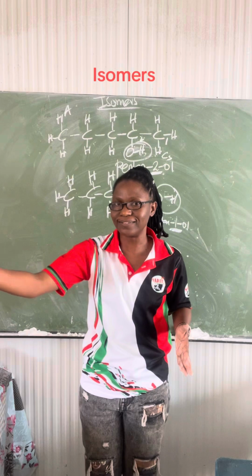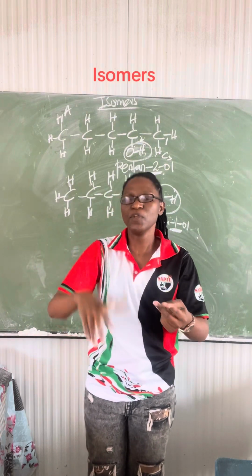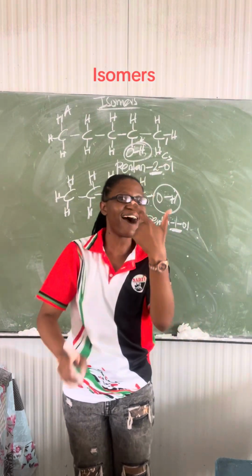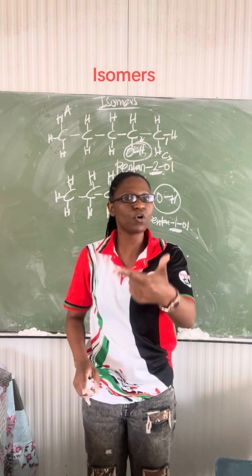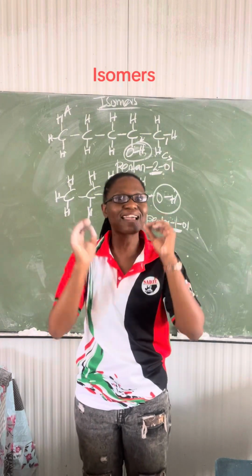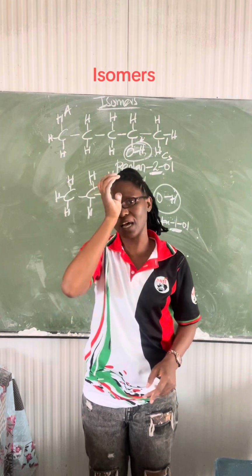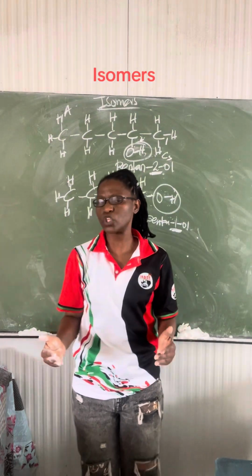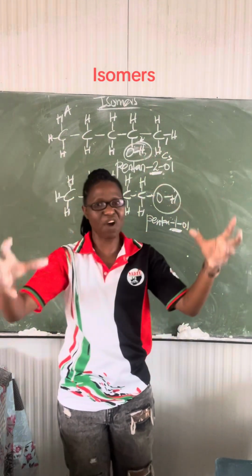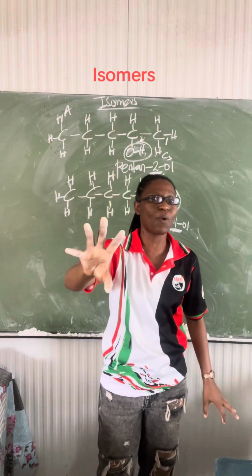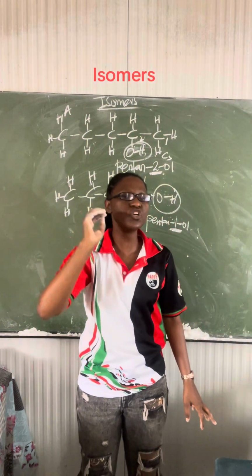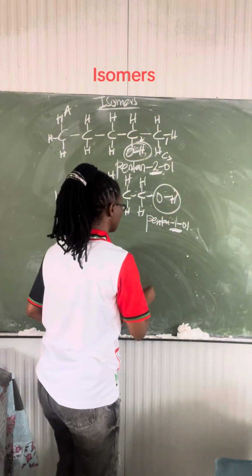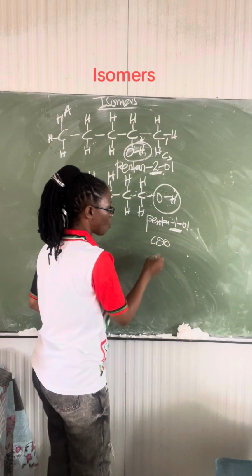Again, we've got carboxylic acids and esters. Carboxylic acids and esters are also functional isomers. So on a question paper, if they give you a structure and you can see that this is an ester, how do you see an ester? You can see an ester with COO.